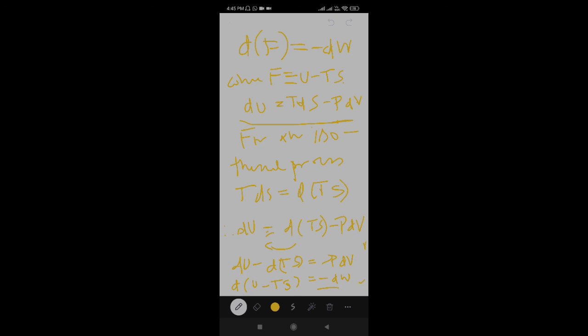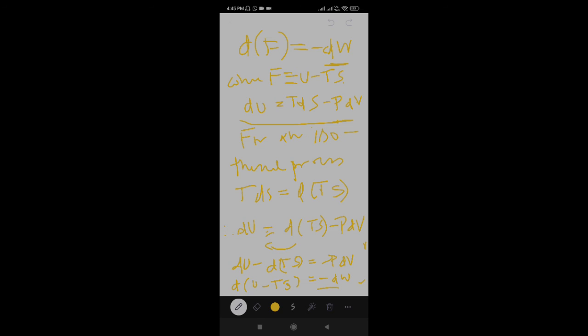So, what is the definition of free energy? It is work done on the system. On this side you have W. Work done on the system, if you take this as positive, on this side you get minus. That means a decrease in the Helmholtz function.